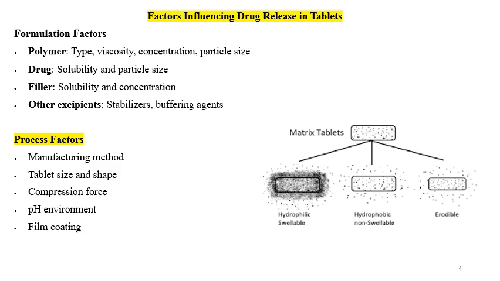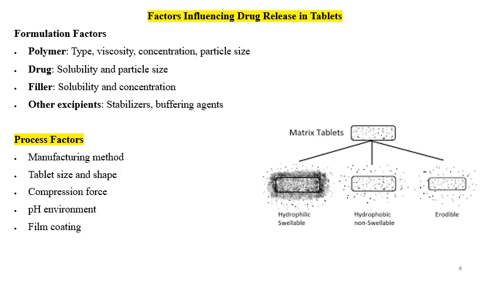Then considering the HPMC, there is a substitution of hydroxypropyl and methoxy groups. So those are also impacting. Then drug solubility and particle size of the drug have great impact. Solubility and concentration of the filler is another factor, and other excipients like stabilizers and buffering agents affect the drug release or dissolution of the matrix tablets.